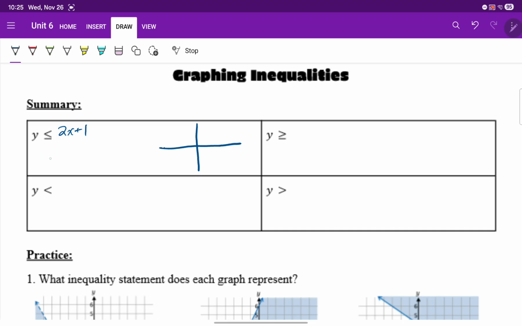So when I draw this graph, it is going to be solid and below. My graph is going to be a solid line, and I'm going to shade below the graph.